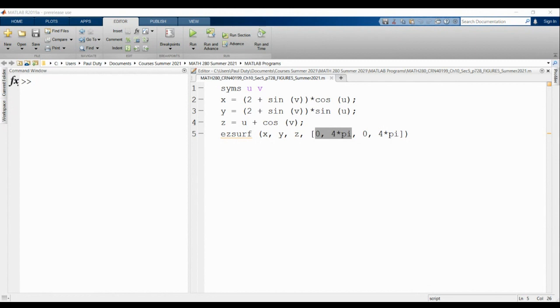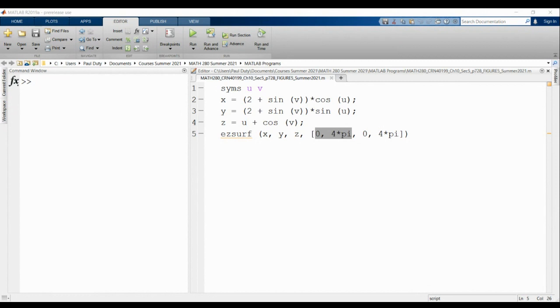That's right, u. That's the domain for u. It's going to let you go from 0 to 4 pi. Since for the sine function 0 to 2 pi gives you one period, one cycle, 0 to 4 pi should give us 2 cycles.